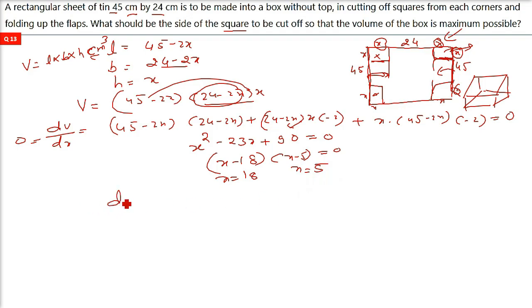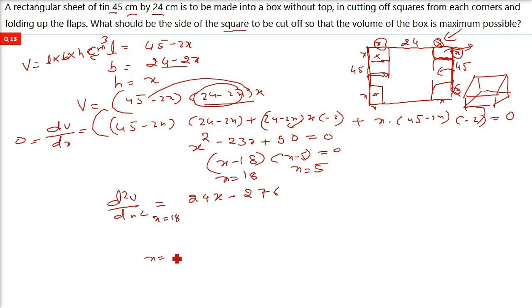5 and 18 are 2 possible values, and we need to check with d2V by dx2, double differentiation. After double differentiation, we have to check for 18 and 5, that is whether we are getting minimum or maximum volume at 18 or at 5. When we double differentiate, the expression will be 24x minus 276.